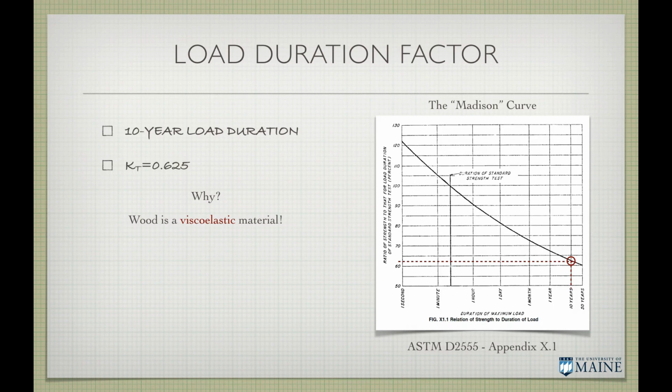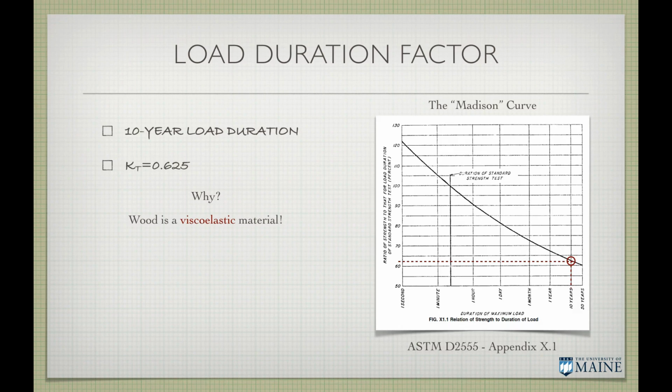Any viscoelastic material is going to exhibit this type of dependence. So a polymeric composite will also. The Madison curve may not apply to polypropylene wood. It may have a different shape, a different slope, but there will be a curve such as that.